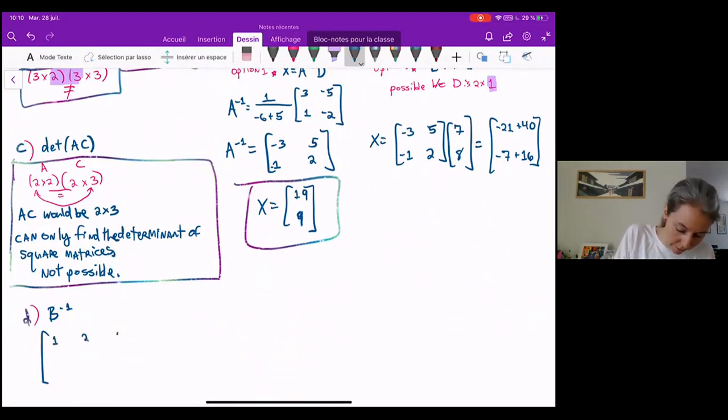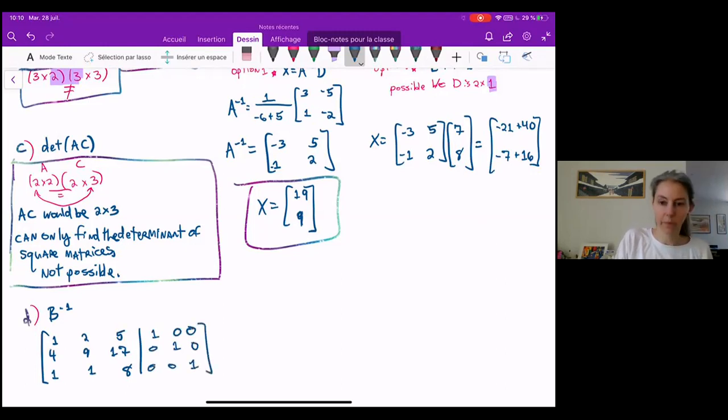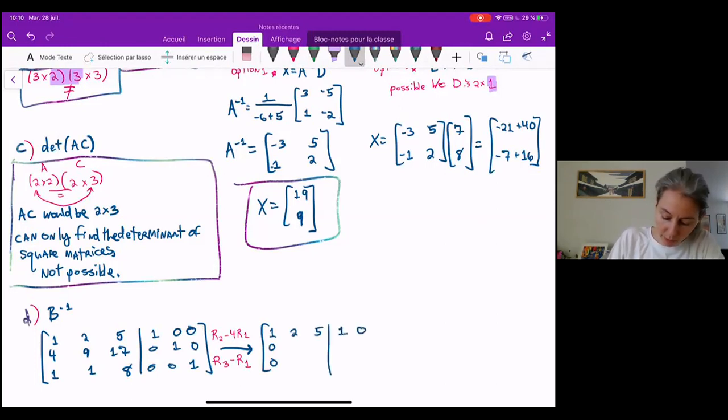1, 2, 5, 4, 9, 17, 1, 1, 8, 1, 0, 0, 0, 1, 0, 0, 0, 1. And to row reduce. So I'm going to do row 2 minus 4 row 1. And I'll do row 3 minus row 1. And that'll give me 1, 0, 0, 2, 5, 1, 0, 0.